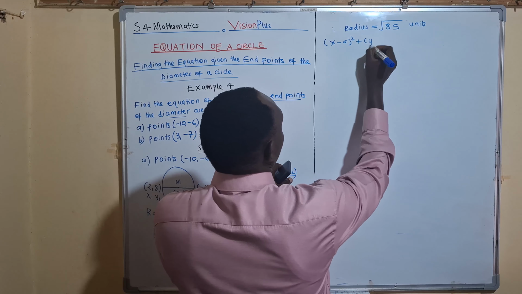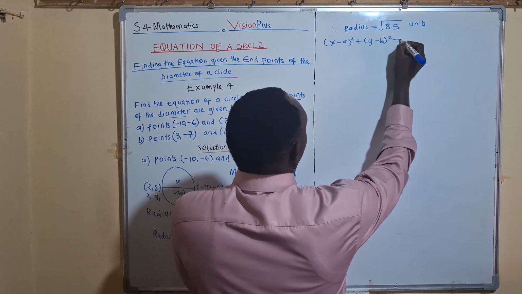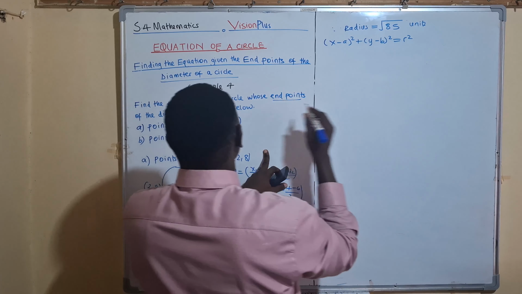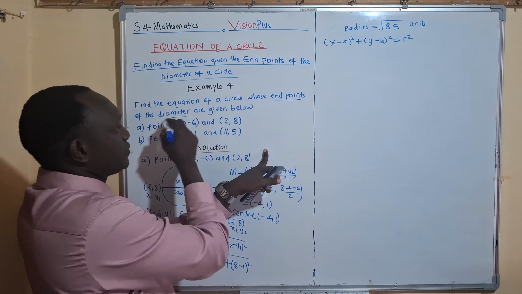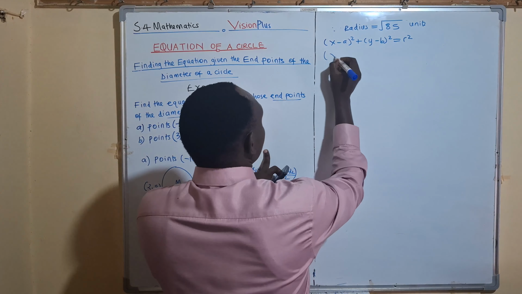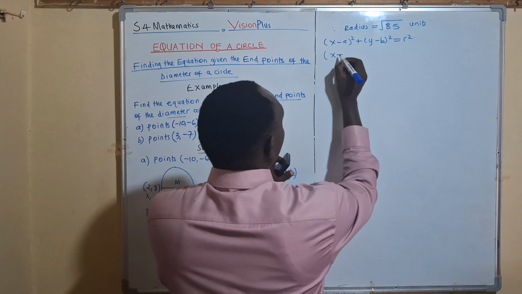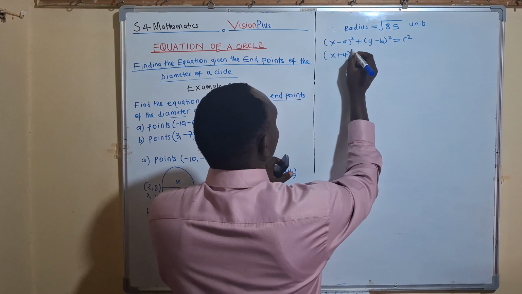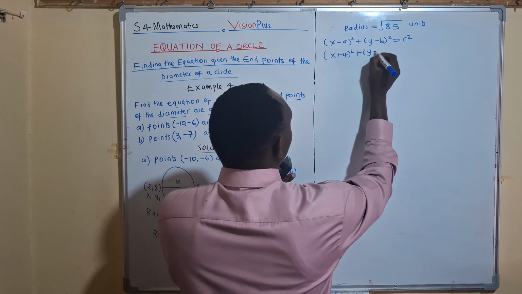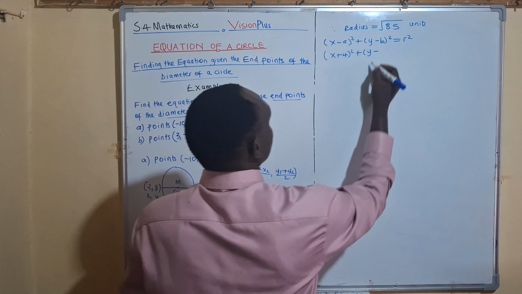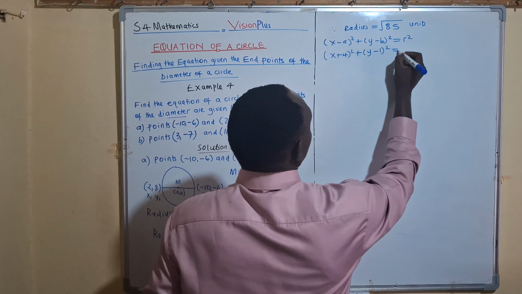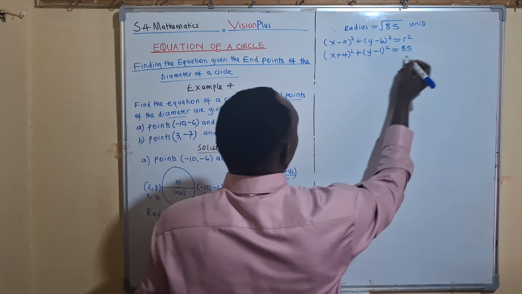Choose any method you want, either the factorized form or the expanded form, because the equation is not restricted. So we substitute for x minus, what is a? a is -4. So here it becomes (x plus 4) squared plus (y minus b), what is b? b is 1, squared equals r squared, which gives us 85.